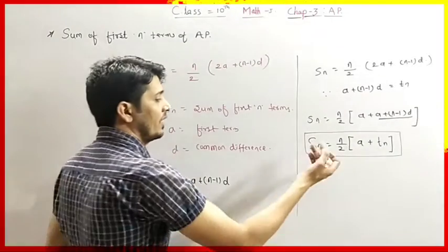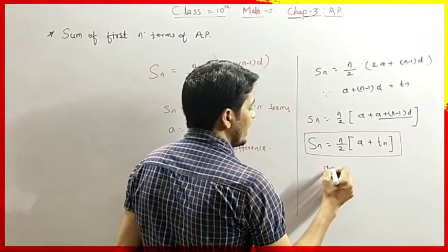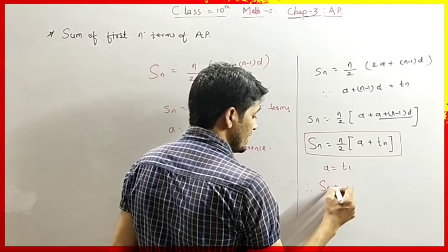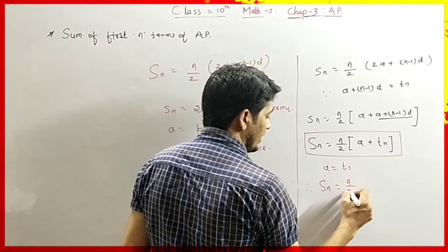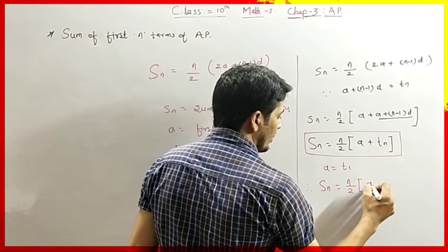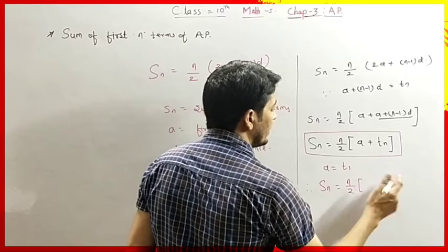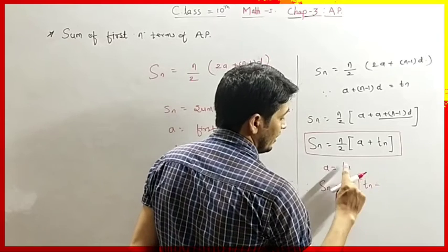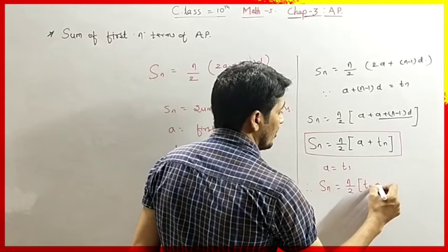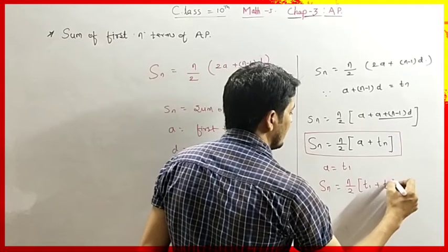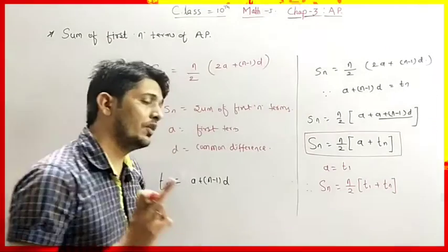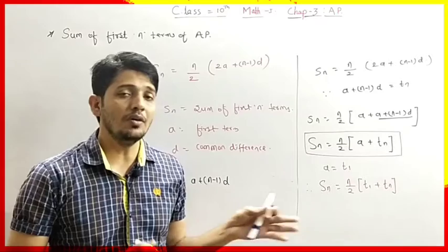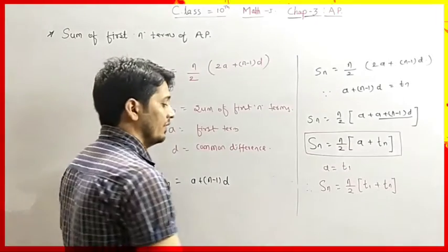Here a is the first term, T1. Therefore Sn equals n divided by 2 into T1 plus Tn. If you know the first term and last term, you can directly calculate the sum of n terms.